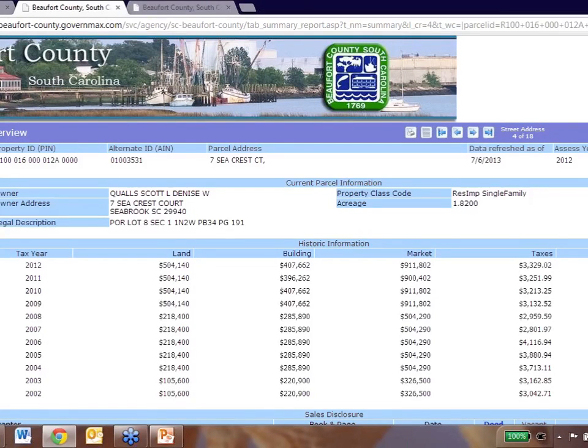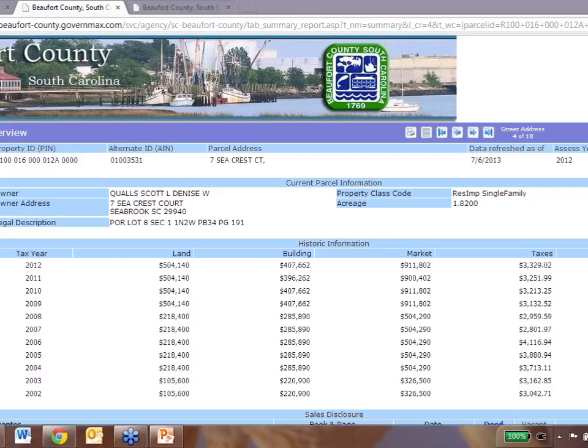You'll notice that what they're paying in property taxes is about $3,300 a year. You'll also notice that since 2003, that has not changed very much. There's a couple years where it's been lower, a couple years it's been higher, but you haven't seen a big change in property tax valuations over that time period.